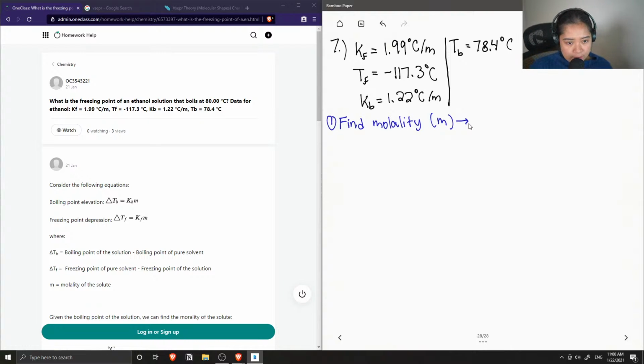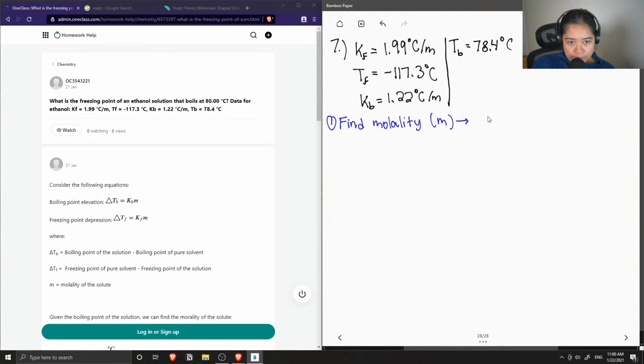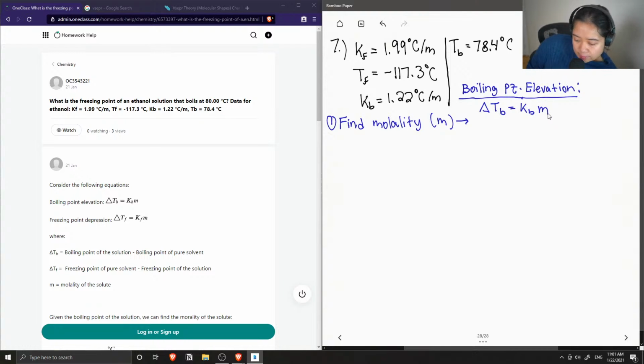So first let's recall the boiling point elevation equation, which is equal to delta Tb is equal to Kb times M, which is molality.